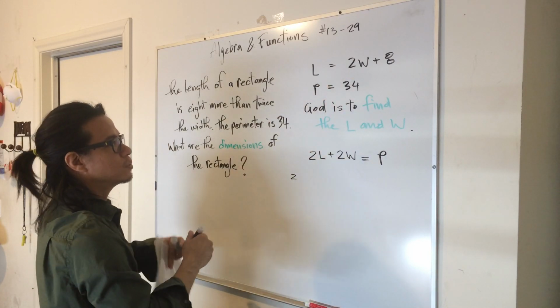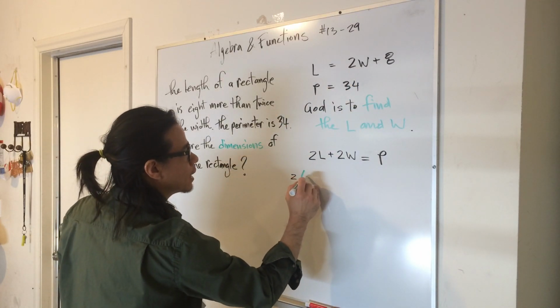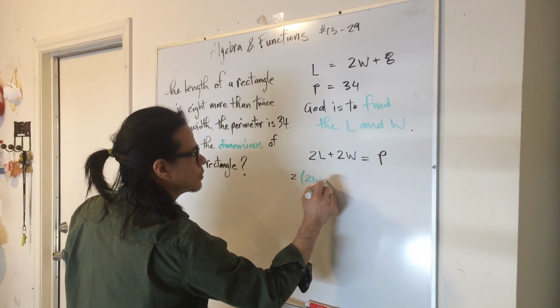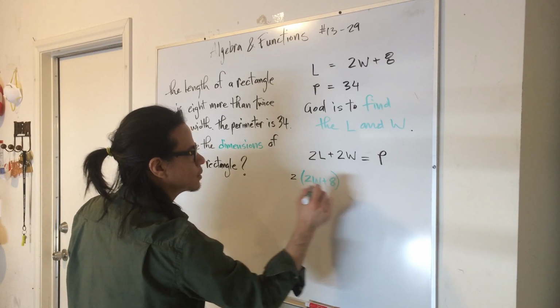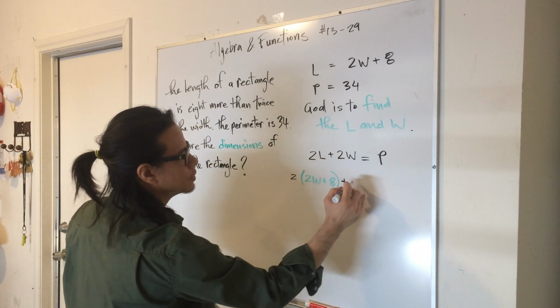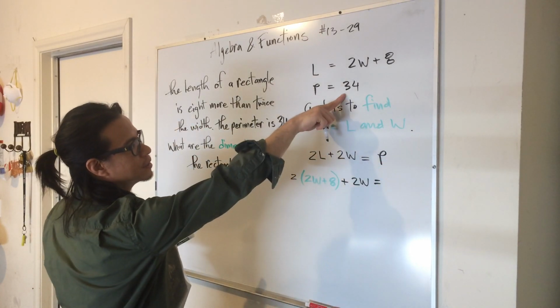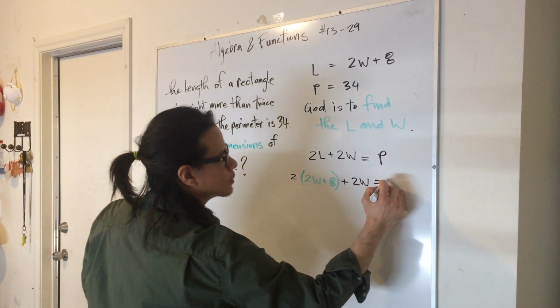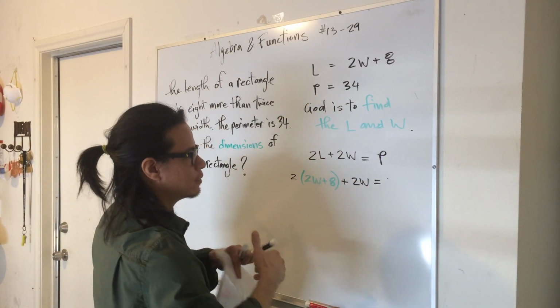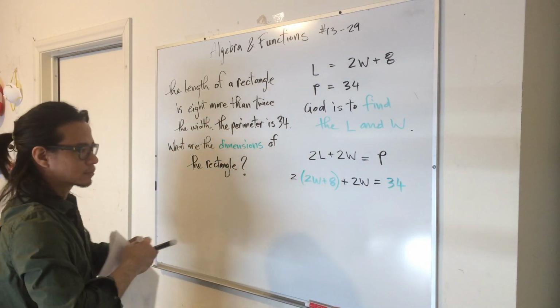Okay, so the length is 2 times W plus 8. So multiply 2 by 2W plus 8, plus 2W equals P is 34. So filling in the value of 34 in for P.